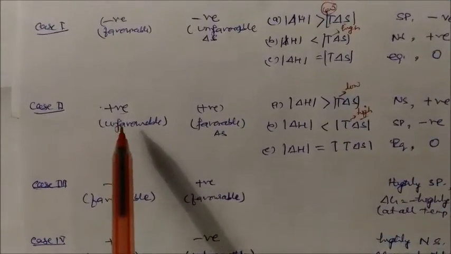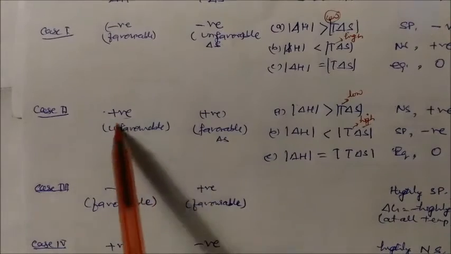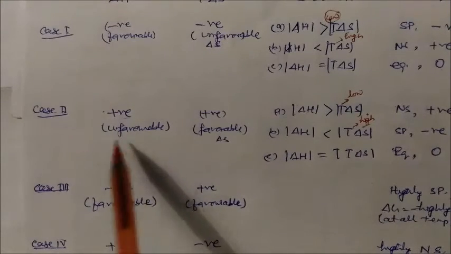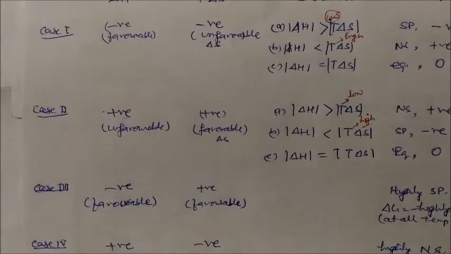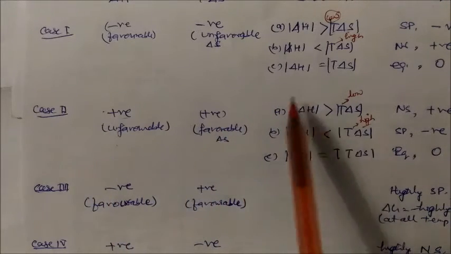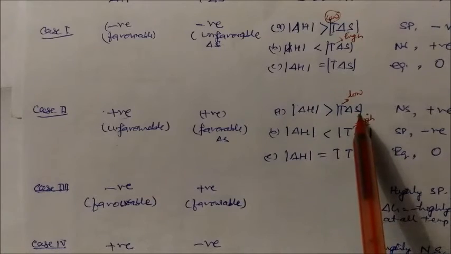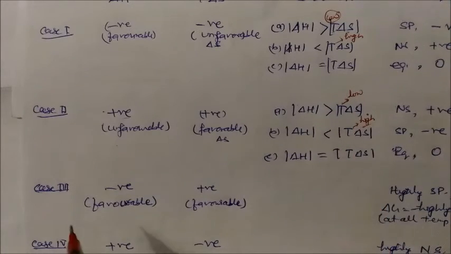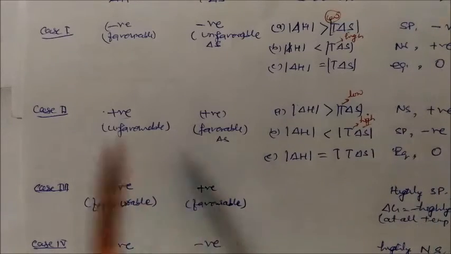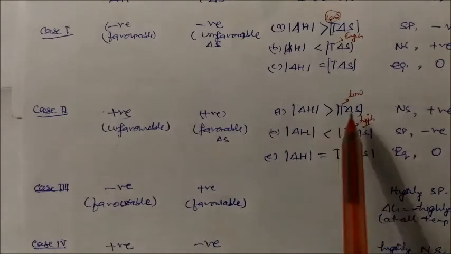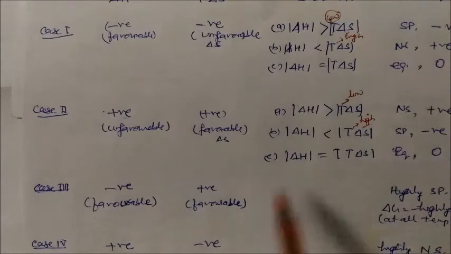Case 2: delta H is positive, meaning unfavorable endothermic reaction, and T delta S is positive. So both are positive, but this is favorable, this is unfavorable. Again, first, if the magnitude of delta H is greater than T delta S, when the temperature is low, this will be non-spontaneous, and delta G will be positive.